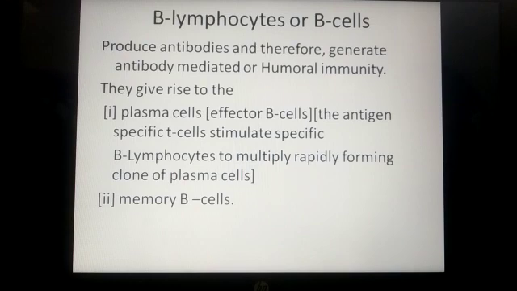They give rise to two types of cells, plasma cells and memory B cells. Plasma cells are also called effector B cells. The antigen specific T cells stimulate specific B lymphocytes to multiply rapidly, forming a clone of plasma cells and memory B cells.